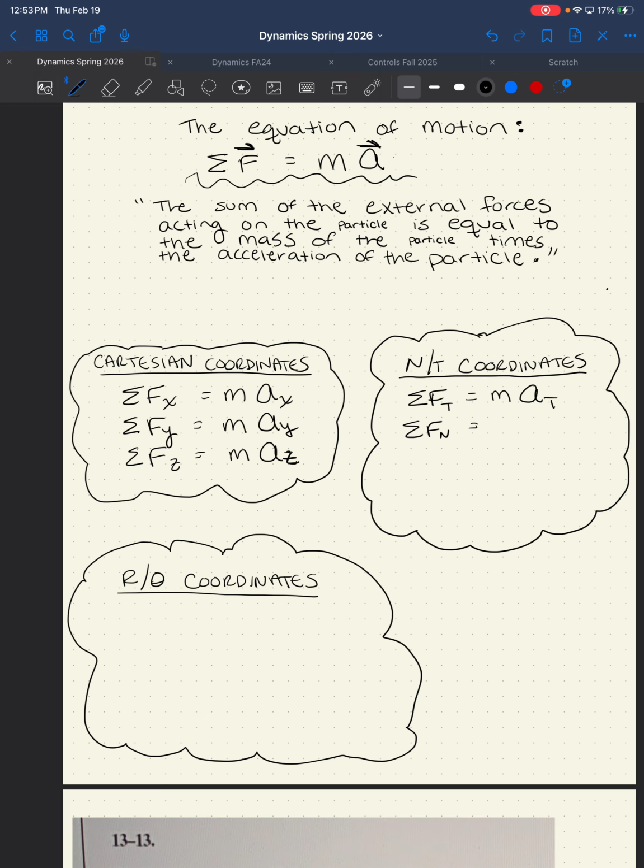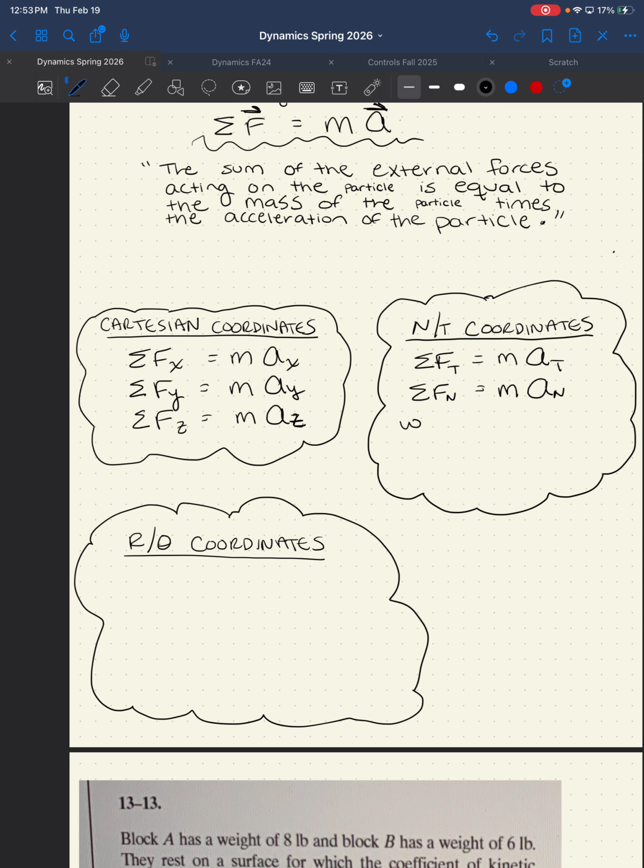Beautiful. Samuel can follow a pattern. Hooray. m a sub n. This is where it gets interesting. This is where I say we do not lose any of our kinematics knowledge. Here, acceleration in the tangential direction is equal to v dot.